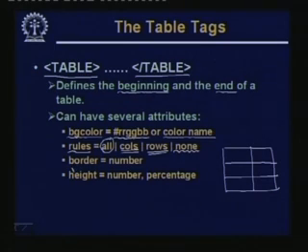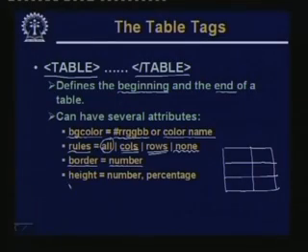Secondly, I will specify how thick the lines will be. The border attribute specifies, in terms of the number of pixels, whatever number I give here, a measure of the width. Border equal to 1 will be the thinnest, border equal to 5 will be thicker, border equal to 10 will be even thicker. That will tell you how thick the borders will be across the table, the rows and the column markers.